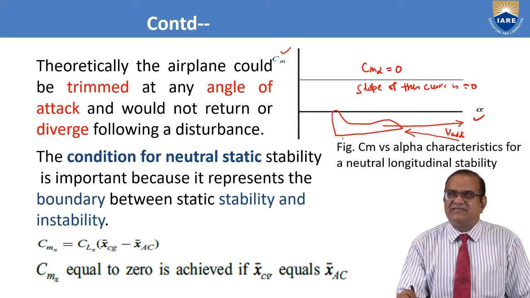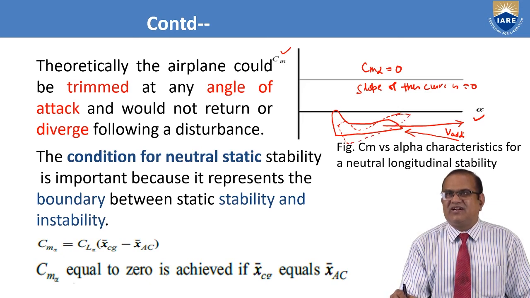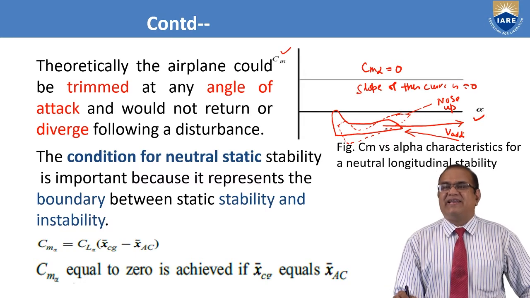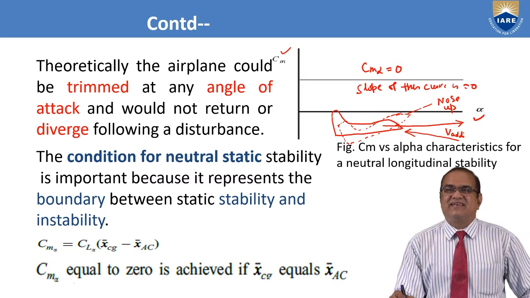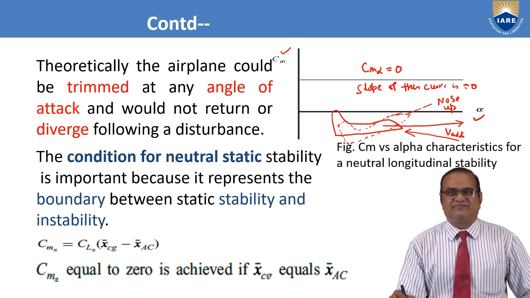I am just drawing here one dotted line. You can see here that this is the dotted line. This is the nose up. It will make the nose up and the aircraft will fly in this new condition, the pitch up condition.